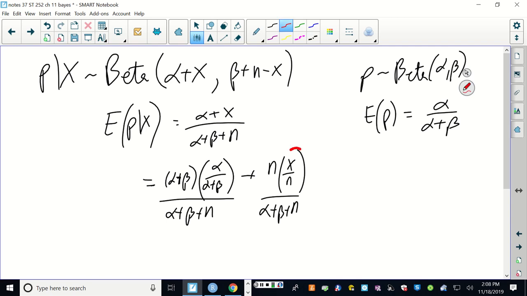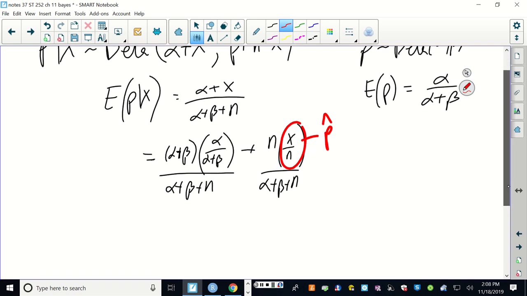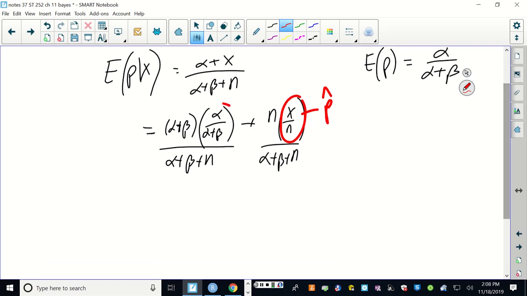One is my sample proportion, usually what we call p hat, and the other is this prior mean. So it looks like we've combined information.